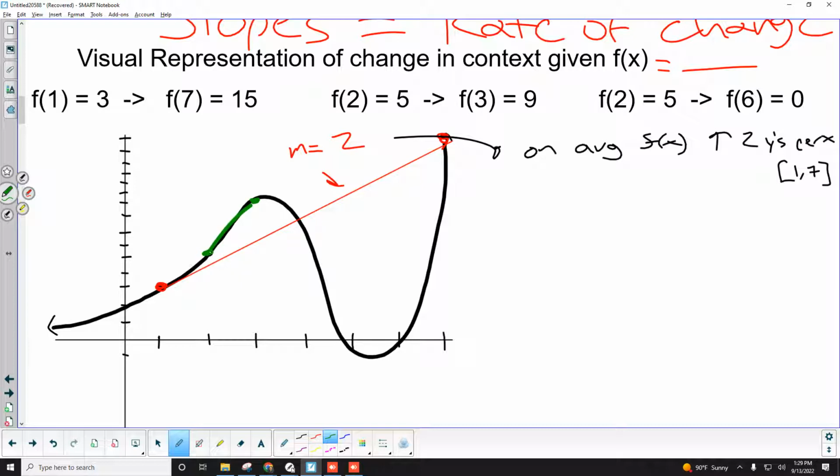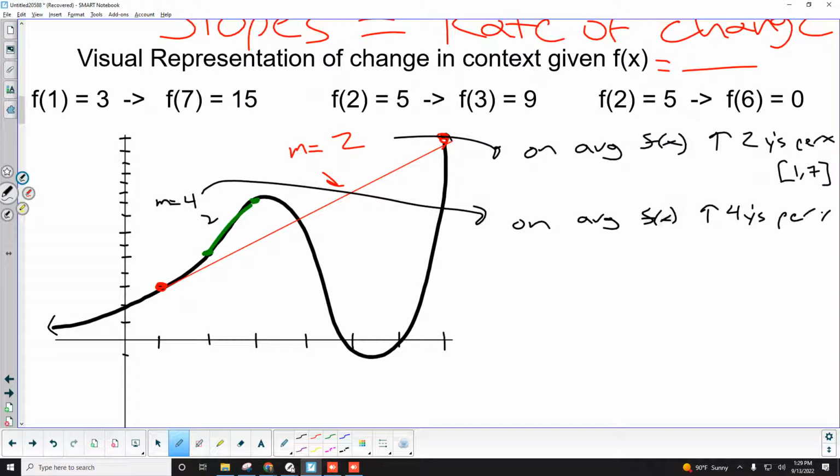It's a little bit faster, a little bit slower. We found the slope of this line was 4. And having that slope value gives us this statement that on average, my function went up 4 y's per x on the interval from 2 to 3.